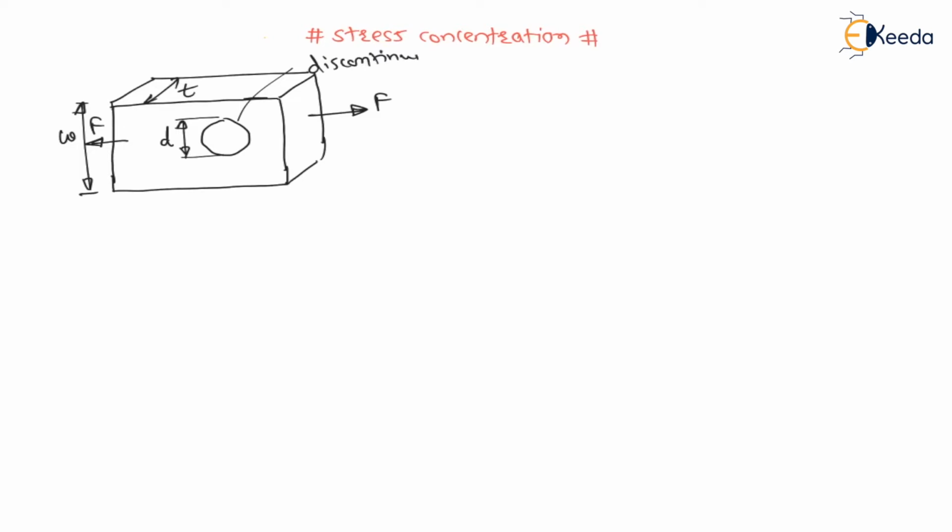Now for such a plate, the stress calculation is force divided by area, which is force divided by W into T. The nominal stress is based on the minimum area, force divided by minimum area. The minimum area is at section XX.